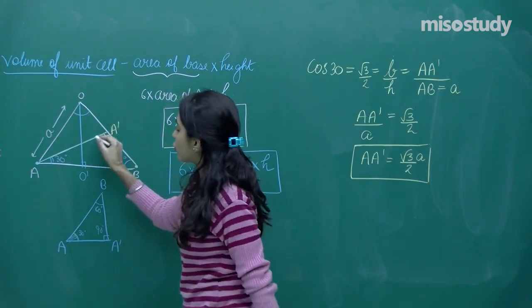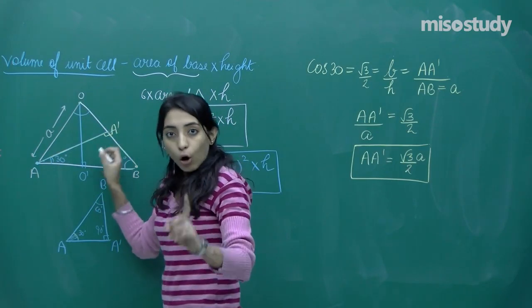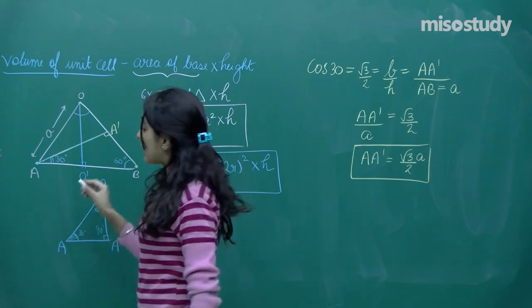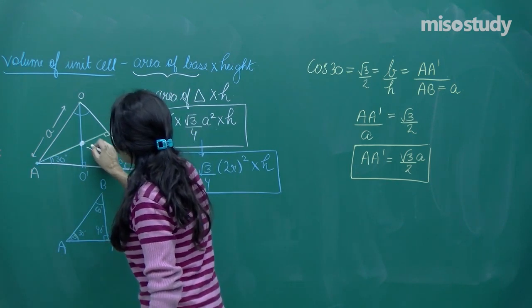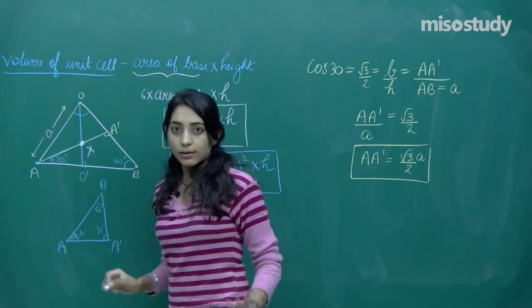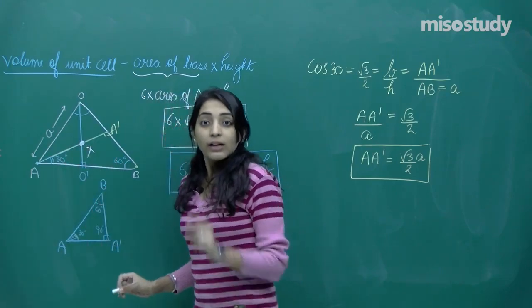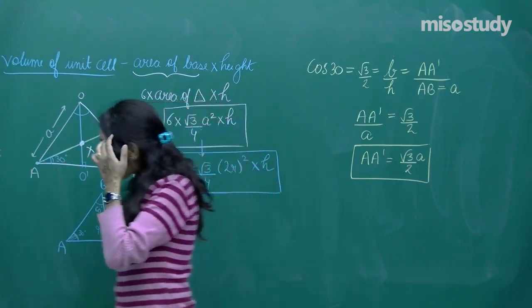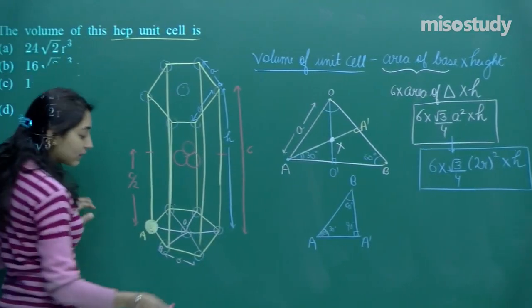This is AA dash. Also listen to me very, very carefully. Let us call this intersection point as X. Look into this figure if you can see.